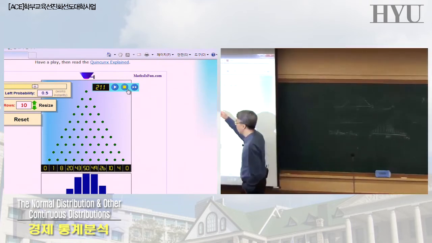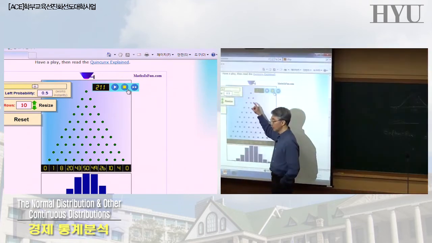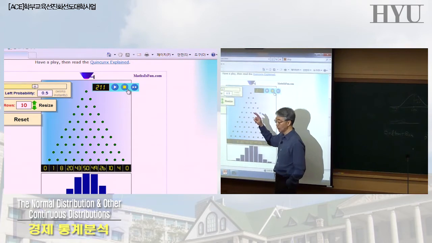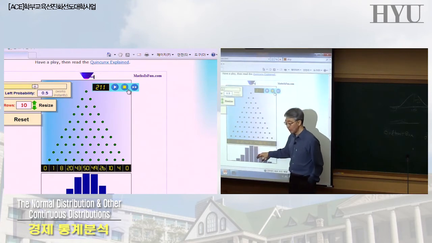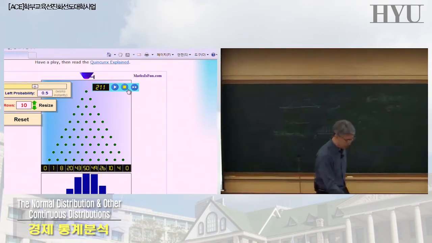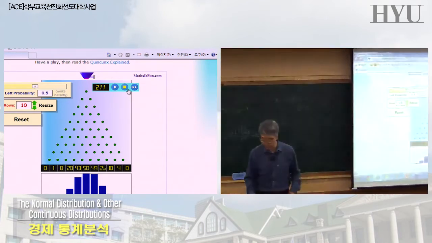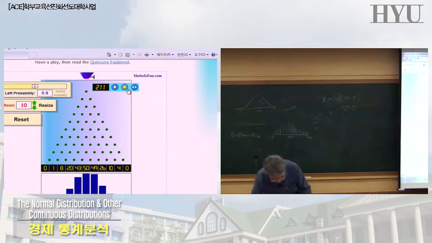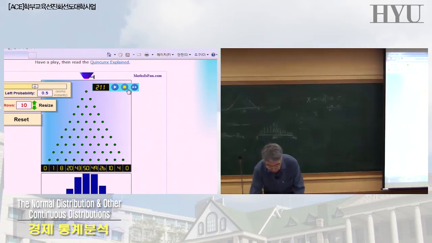In each trial, you have a probability of success. You have only two outcomes, either left or right. And you're talking about multiple trials. But if you do it many, many times, you will see an approximately normal distribution. So there can be some application of this idea. But again, that's up to you. You don't have to worry about this topic for the exam.